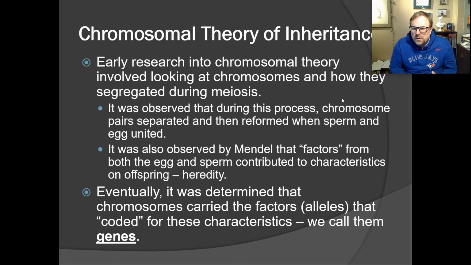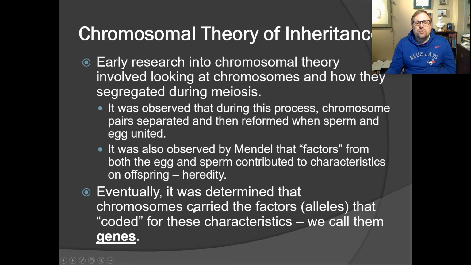It was also observed by Mendel that factors from both egg and sperm contributed to characteristics on offspring. So Mendel, remember I told you that we didn't have at that time a sense as to what carried the genetic information. We knew the genetic information was there, and he knew of this thing called heredity, but he really had no idea what carried it. So he called them factors. Didn't really know what it was.